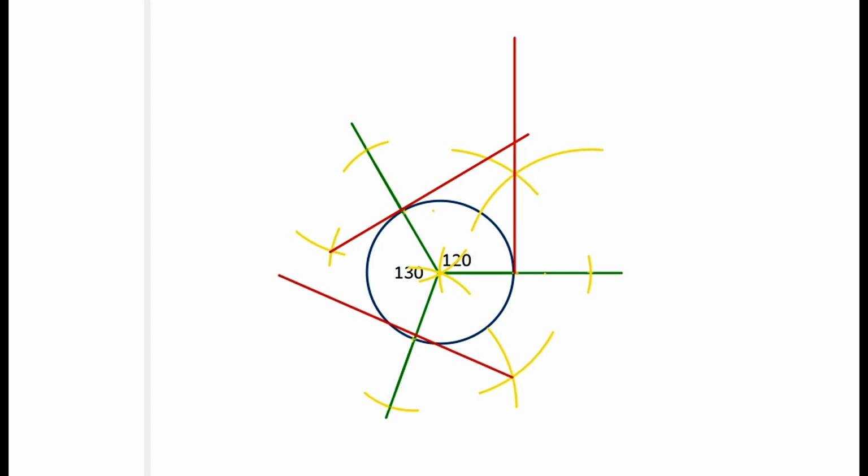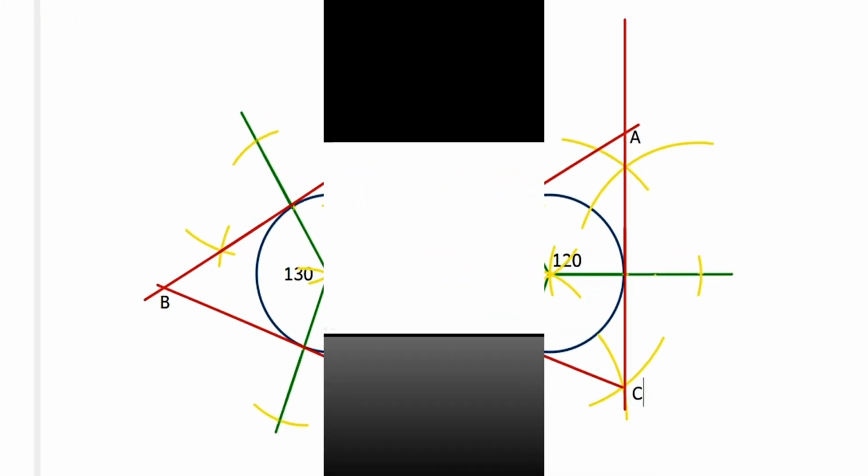Extend all the tangents so that we get a triangle. Now we got a triangle ABC, which is the required triangle.